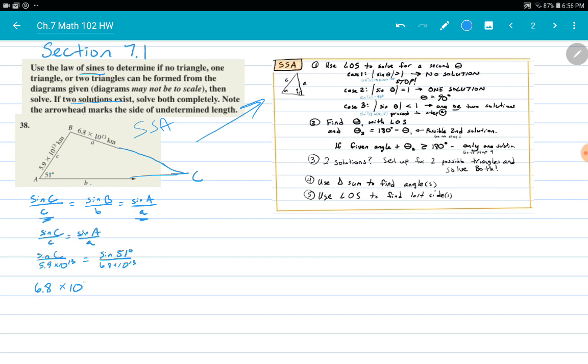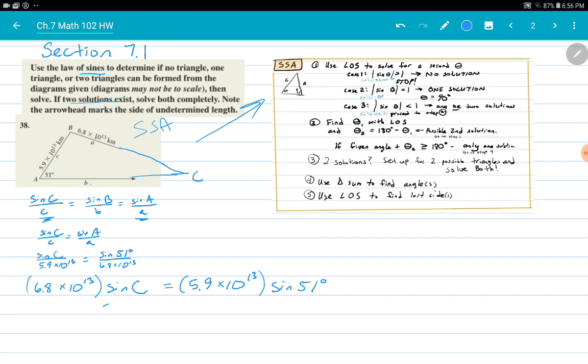So I get 6.8 times 10 to the 13th, all of that times sine of C, equals 5.9 times 10 to the 13th times sine of 51.